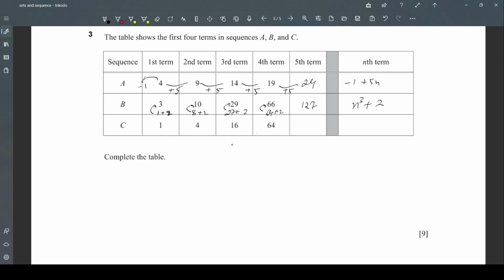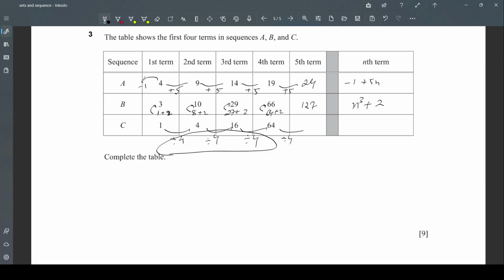Then you just start searching for the ratio, right? Let us see whether the ratio comes out to be true. 4 divided by 1 is 4, and 16 divided by 4 is 4, and 64 divided by 16 is 4. So we have the ratio format, right? So division by 4 is the perfect answer.